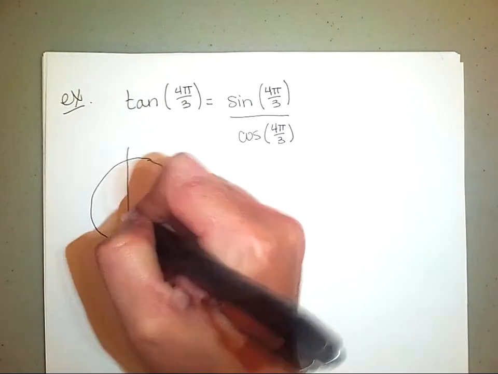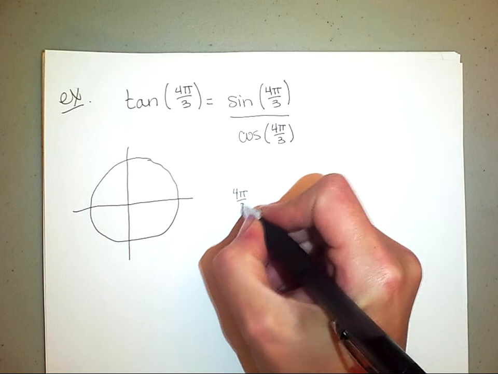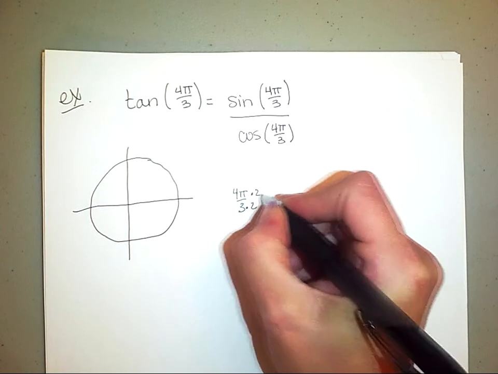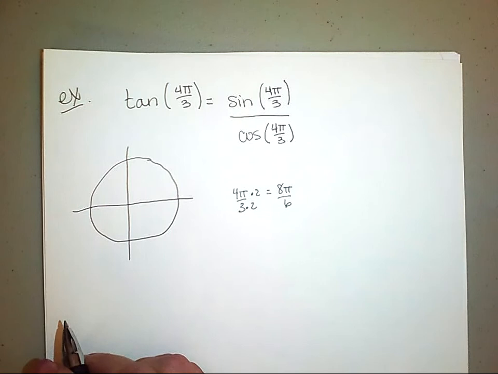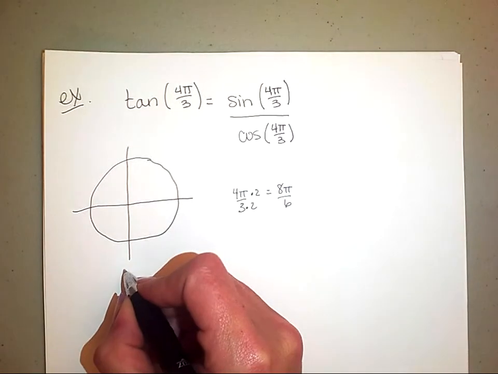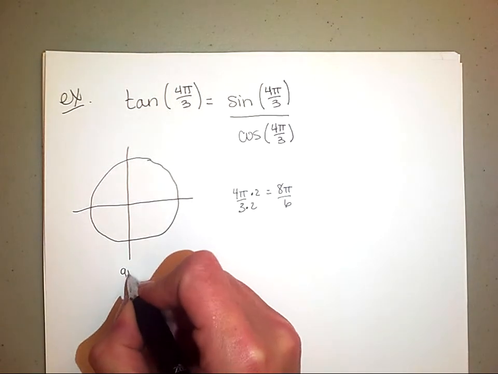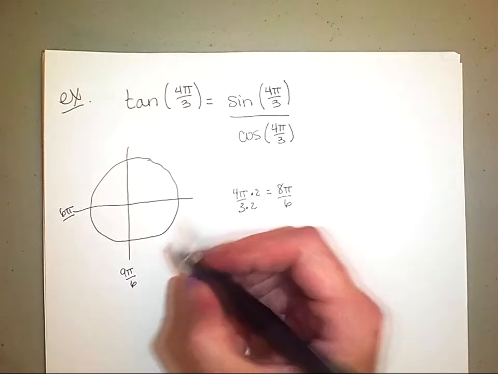Now 4 pi over 3 is the same thing as 8 pi over 6. So this is 3 pi over 2, which is 9 pi over 6. This was 6 pi over 6. Okay. So 8 pi over 6 falls here.